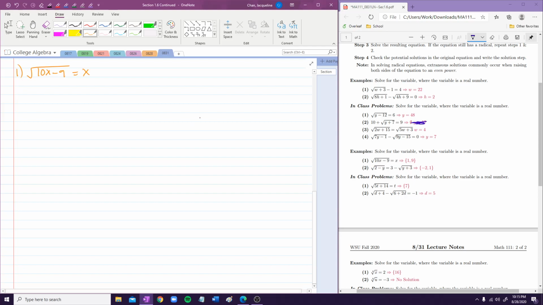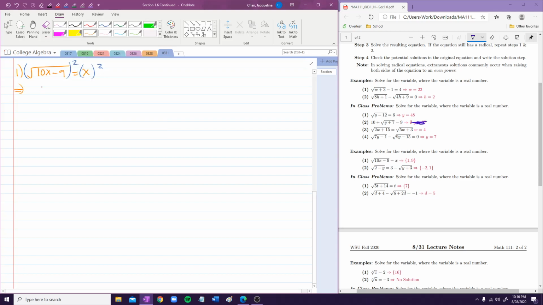I'll explain why we want to isolate it in a little bit. Our radical is already isolated, so what are we going to do? We are going to square both sides. We want to get rid of this radical. In order to do that, I'm going to take it to the power of the index, and the index is 2 in this case.